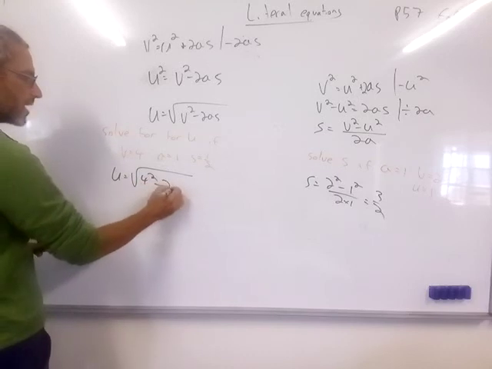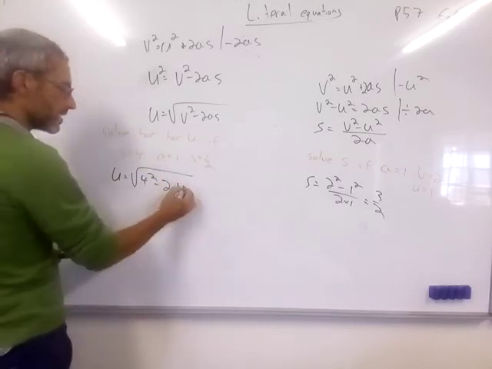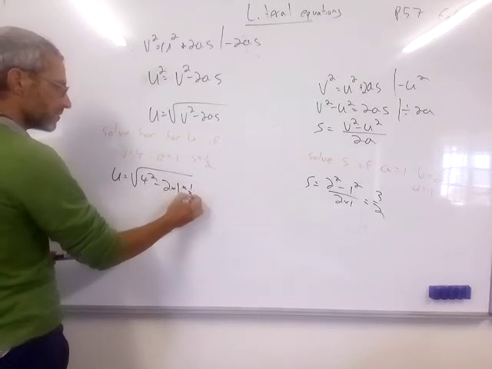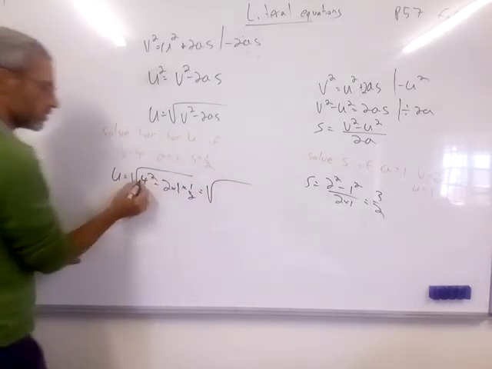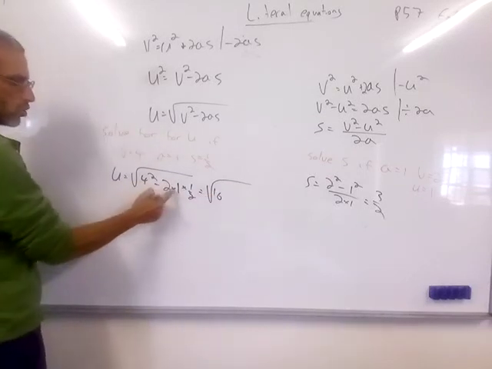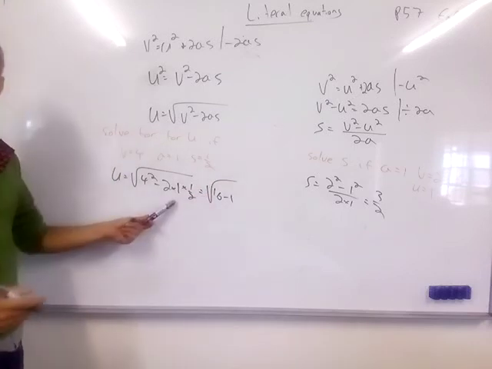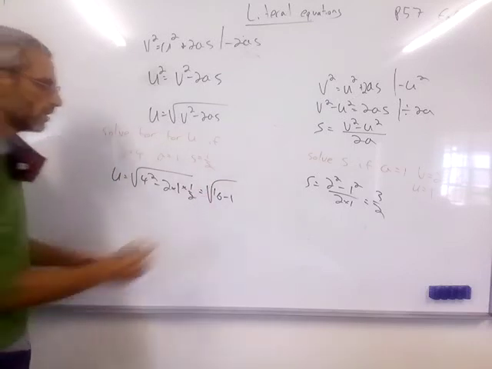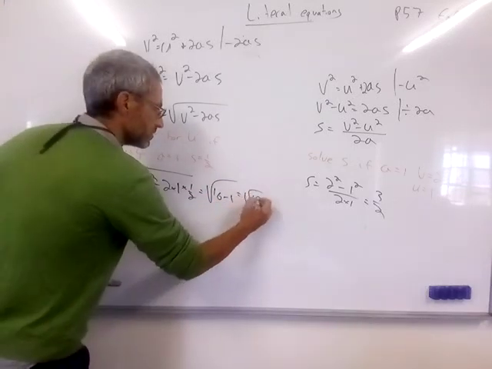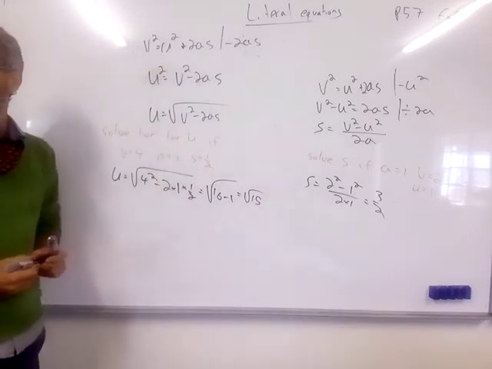Minus 2 times, what is A? Substitution. Just substitution, you're right. 1 times S is half. So what do we have here? Square root of, what is 4 squared? 16. Just a bit of mental math. 2 times 1 times half is just 1, right? Because 2 times half is 1. So we get the square root of 15, which you need to put in the calculator to find what it is. Okay? It's easy, isn't it?